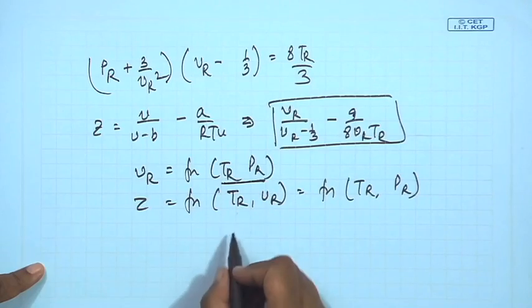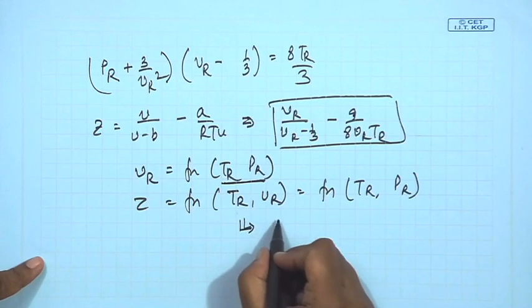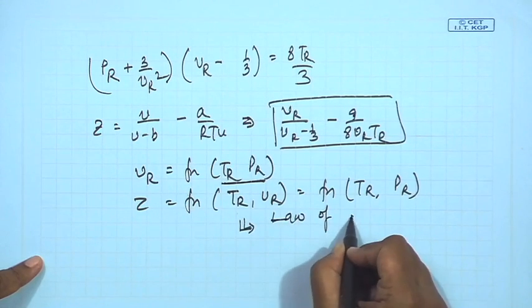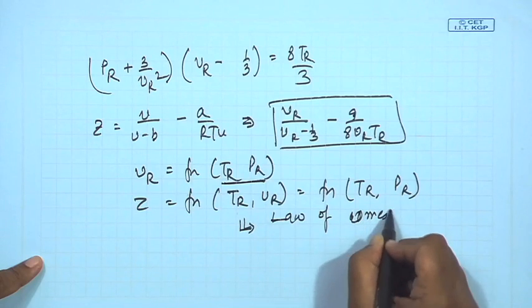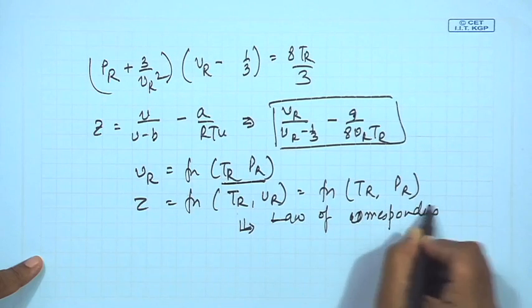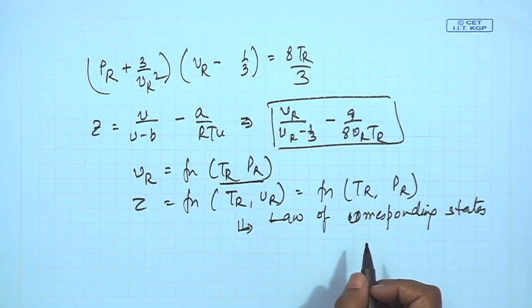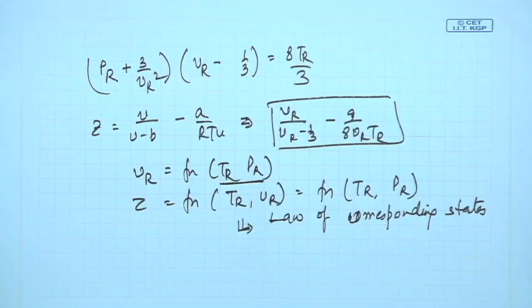Now, this particular characteristic of the gas can be obtained from any cubic equation of state, and it is given by the law of corresponding states. This is known as the law of corresponding states: all gases under the same reduced conditions exhibit the same type of properties. And from here we can also find out one more thing.